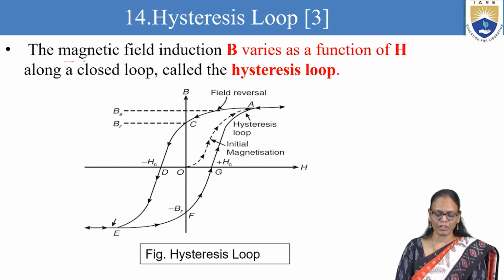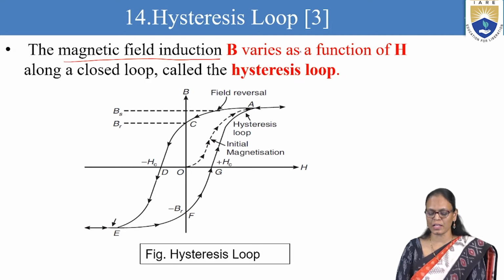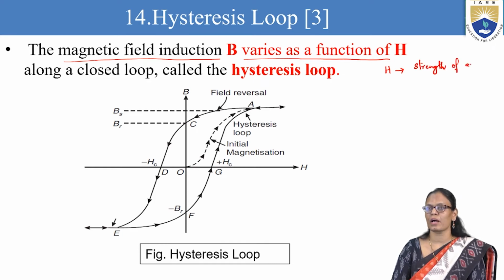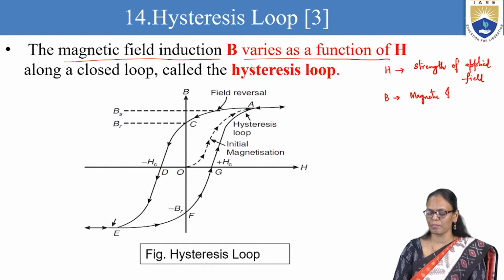The loop is obtained when the magnetic field induction B varies as a function of H. What is H here? H is the strength of the applied magnetic field, and B represents the magnetic induction.